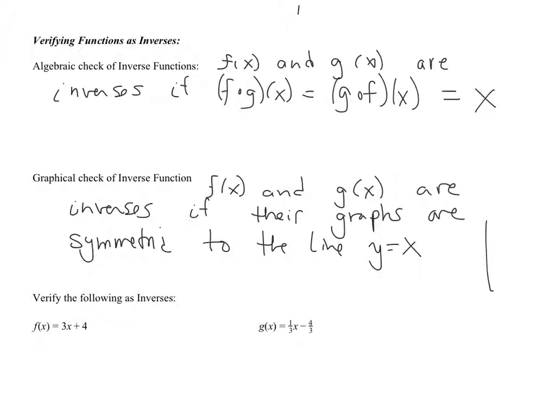If you remember what y equals x looks like as a line, it looks something like that. So if the graphs are symmetric about that, if they're mirror images of one another, then we can say they are inverses.